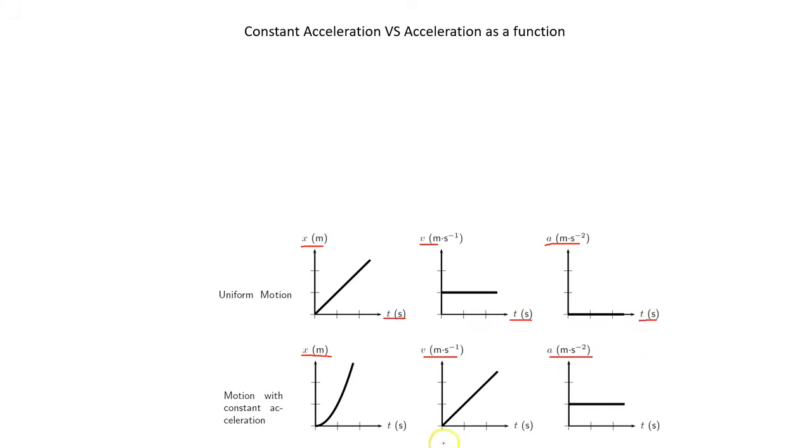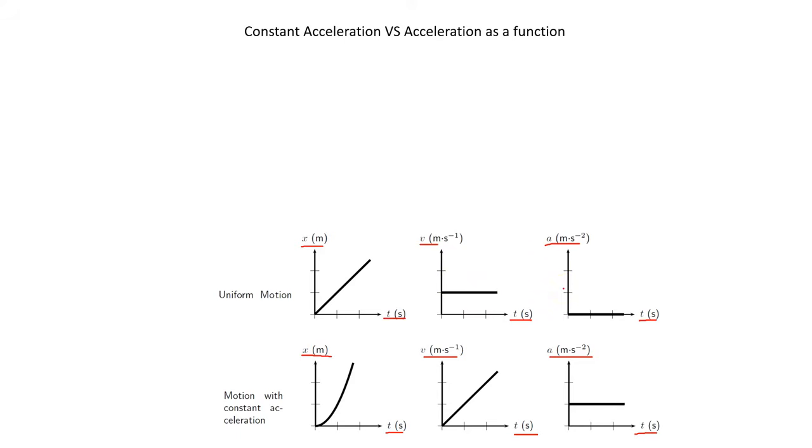So basically you're looking at a body in all six of these graphs: three graphs for uniform motion, three graphs for constant acceleration. When you look at these graphs, you're graphing the displacement with respect to time. And here, with constant acceleration, you get a parabolic graph, and that would dictate what's going to go on with your velocity and your acceleration.